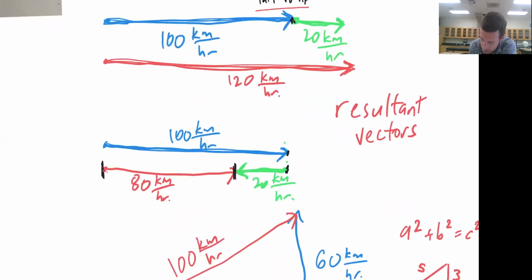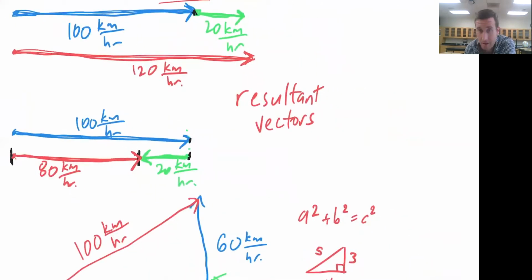My resultant is what I'm left with, right? And I see that my resultant is a grand total of 80 km/h in order to get to the end of the arrow. Okay? So the red ones are called resultant vectors.